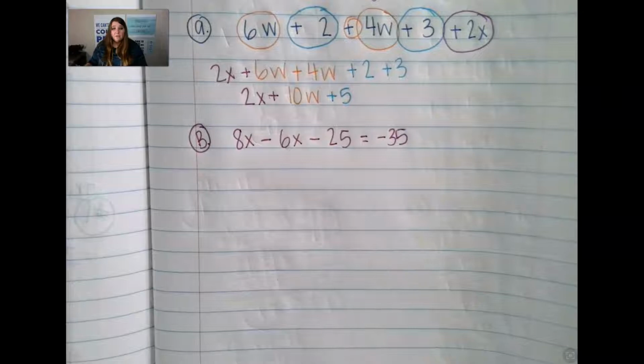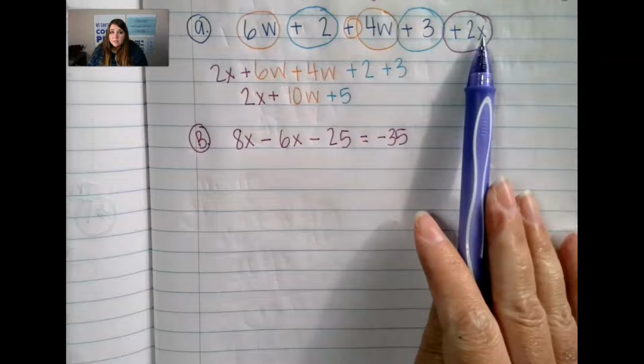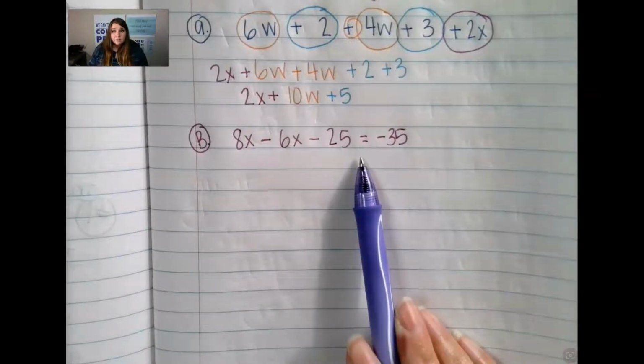So I have the equal sign here. Up here, I did not have an equal sign. Here, I have an equal sign.